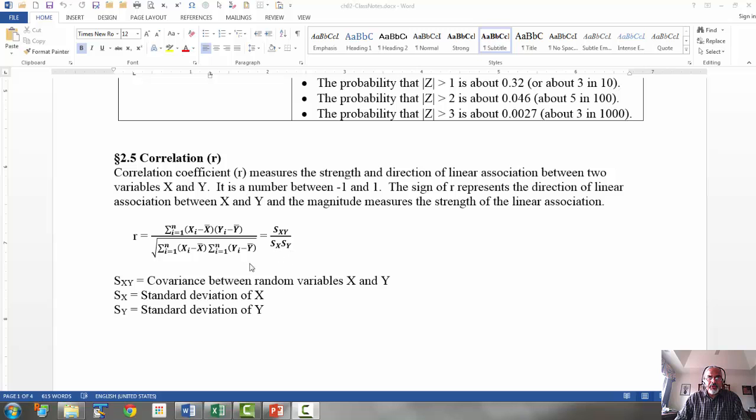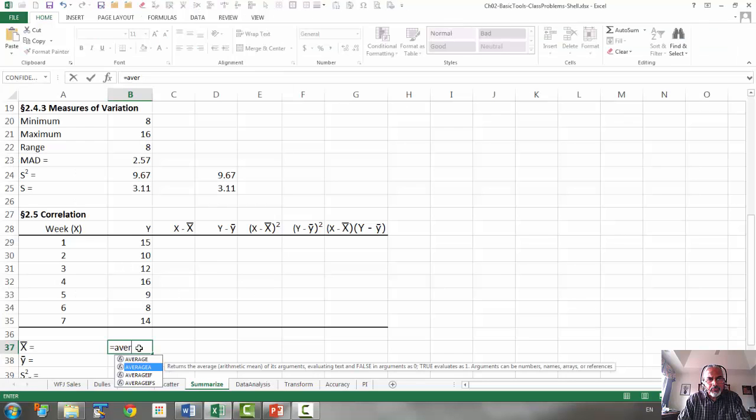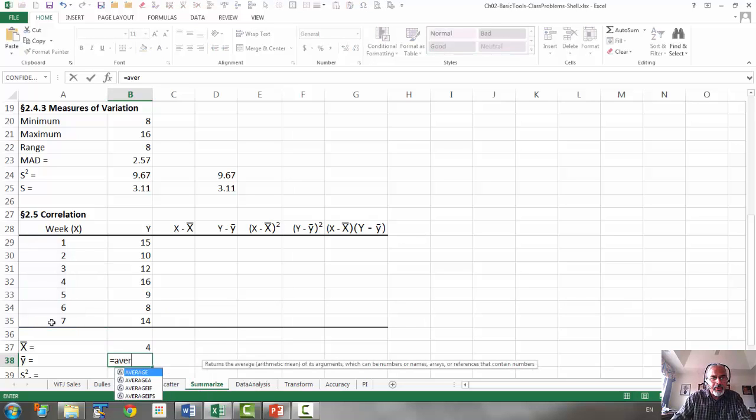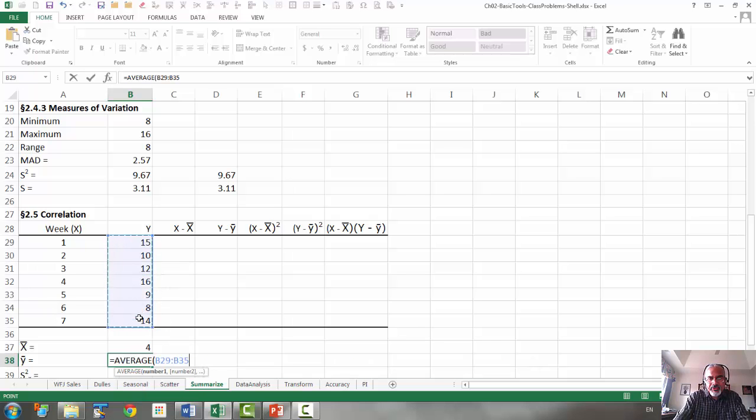Now let's compute all of this in Excel. So we are trying to see whether there is correlation between the time and y. So again, find the average of x and average of y.